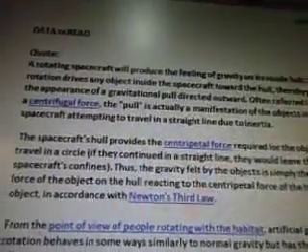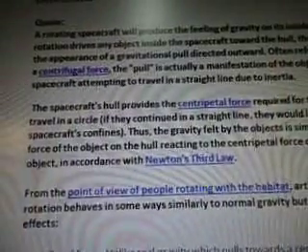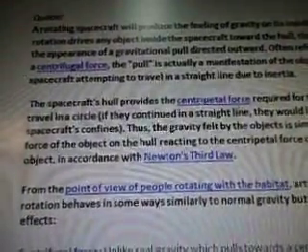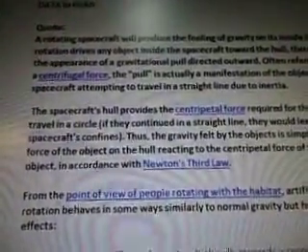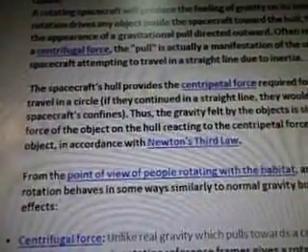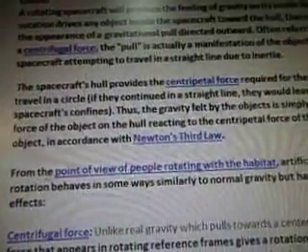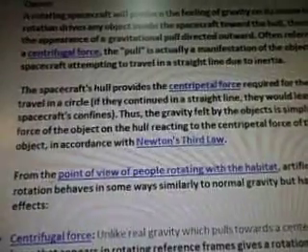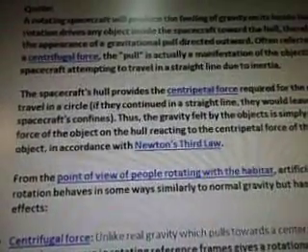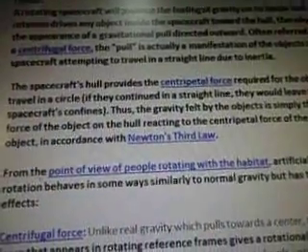The pull is actually a manifestation of the objects inside the spacecraft attempting to travel in a straight line due to inertia. The spacecraft's hull provides the centripetal force required for the objects to travel in a circle. If they continued in a straight line, they would leave the spacecraft's confines. Thus, the gravity felt by the objects is simply the reaction force of the object on the hull reacting to the centrifugal force of the hull on the object, in accordance with Newton's third law.